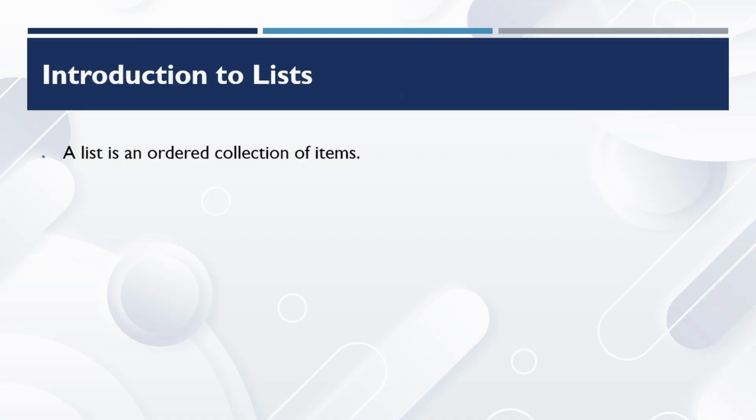Now, what exactly is a list in Python? A list is an ordered collection of items. This means that the items are stored in a specific sequence and that sequence is maintained. Python lists are useful because they can hold a mix of different data types like numbers, strings, or even other lists.